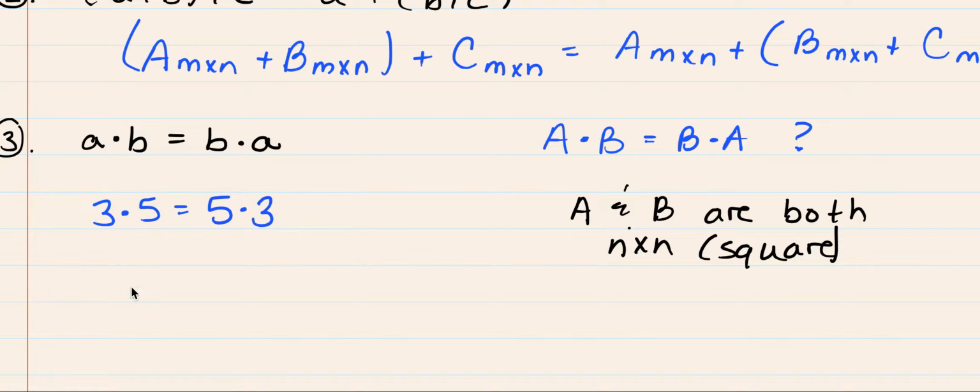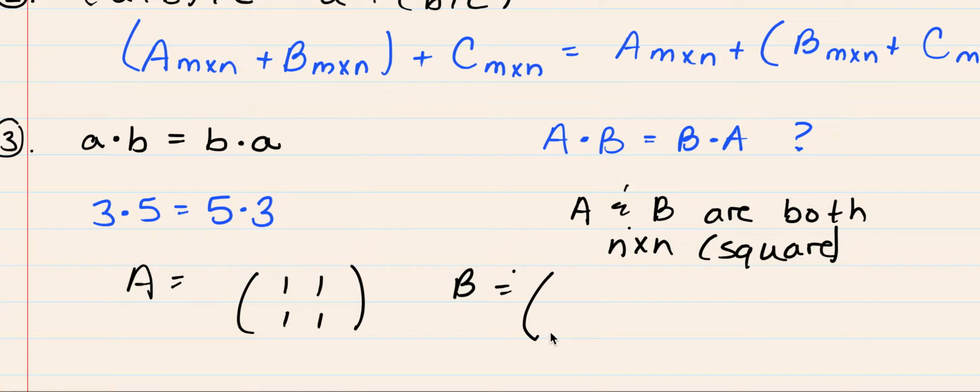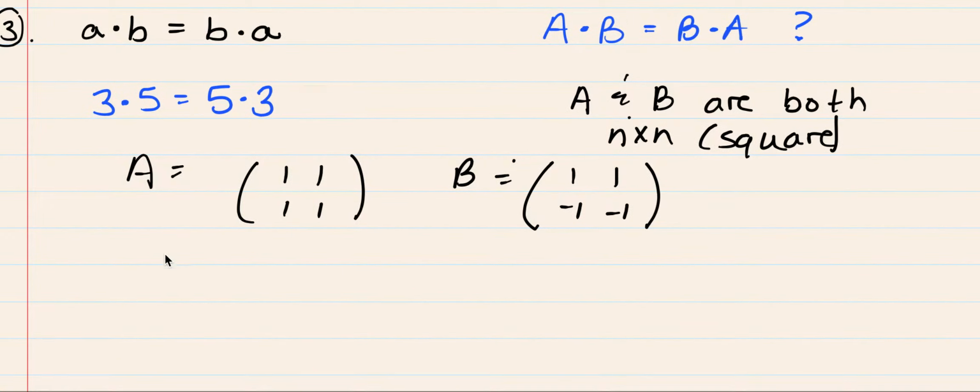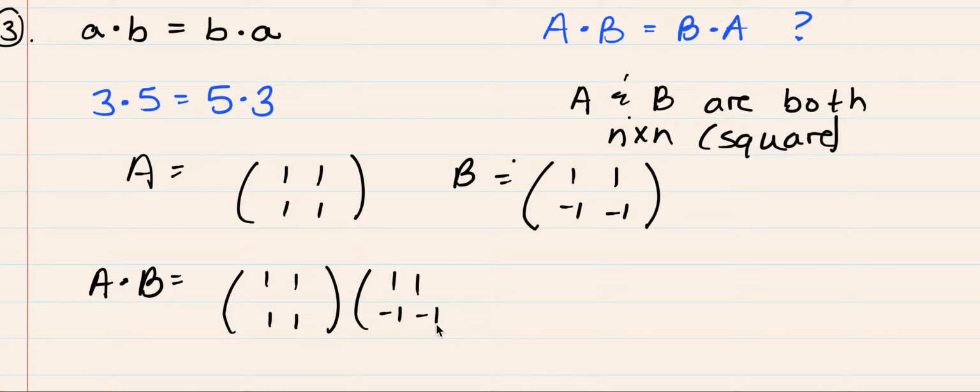So let's say A is the matrix 1, 1, 1, 1. And let's say B is the matrix 1, 1, negative 1, negative 1. Let's multiply A with B. So A times B is 1, 1, 1, 1 times 1, 1, negative 1, negative 1.